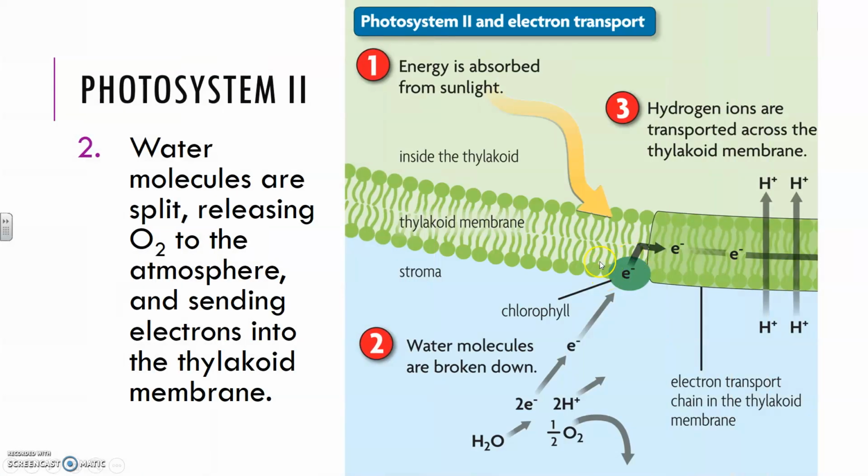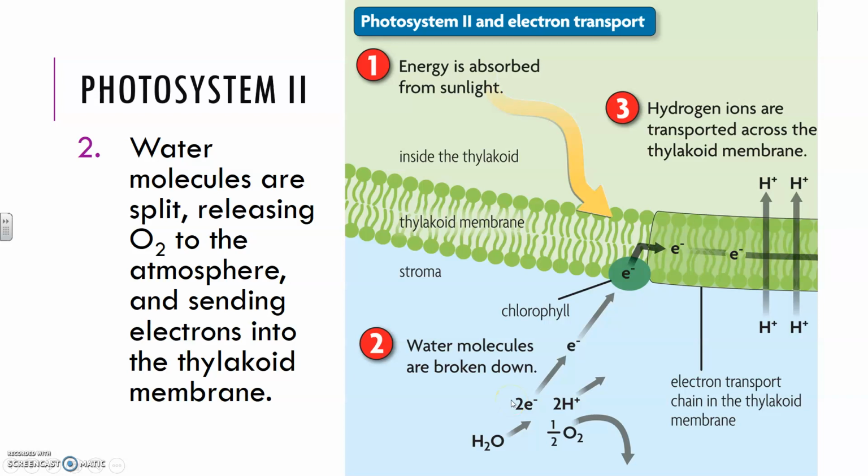These electrons actually come from water molecules. So when you break down the water molecules, you have basically half an O2 molecule. So you have an oxygen atom released. Then you have 2 hydrogens released. And breaking down this water, they also strip the electrons off of these hydrogens. So you have 2 hydrogens, which both have a positive charge on them now, and 2 electrons, which obviously have a negative charge.